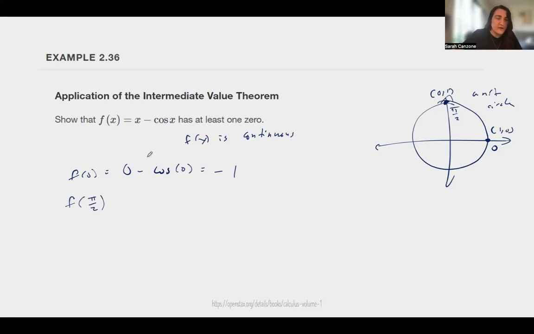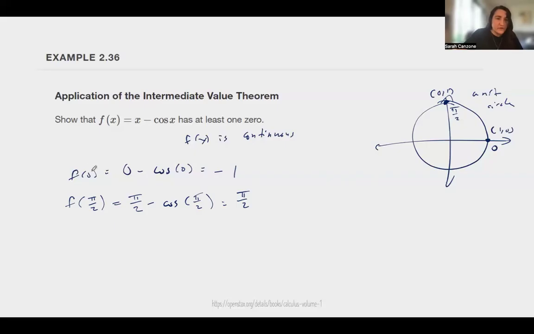So we see f of pi over 2 equals pi over 2 minus cosine of pi over 2. Well, cosine of pi over 2, that's the x value. When your angle is pi over 2, the x value is just 0. So you have pi over 2 minus 0 is just pi over 2. Well, we know pi is 3.14, divided by 2. That's a positive number. This whole thing is positive.